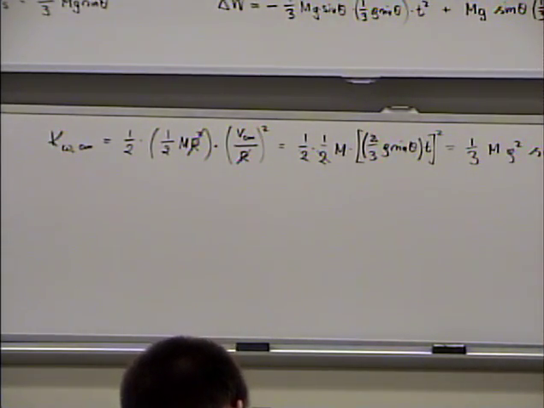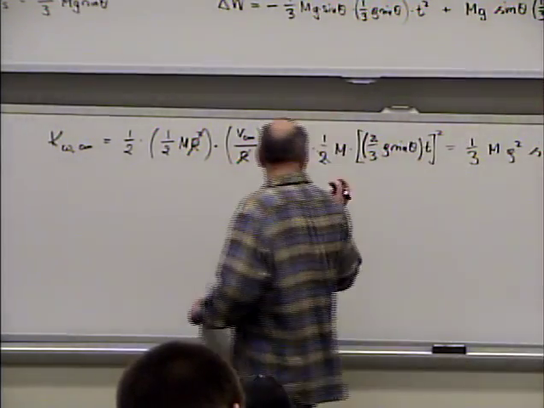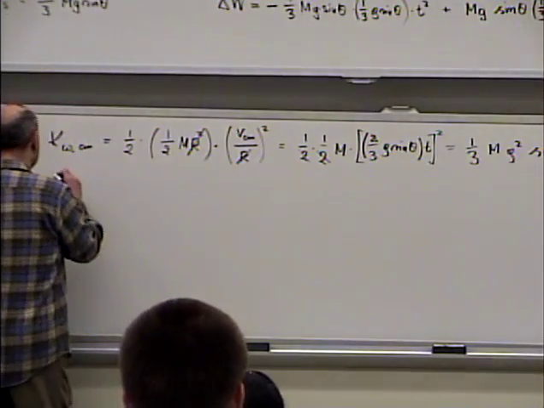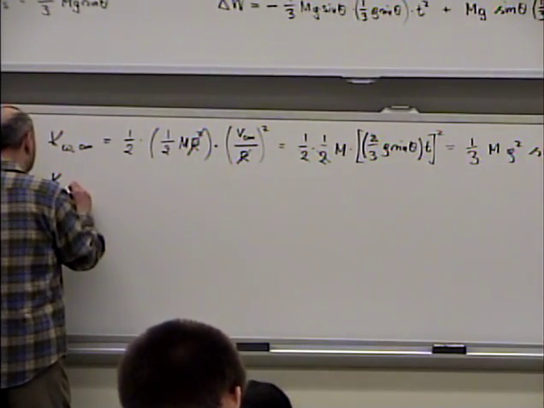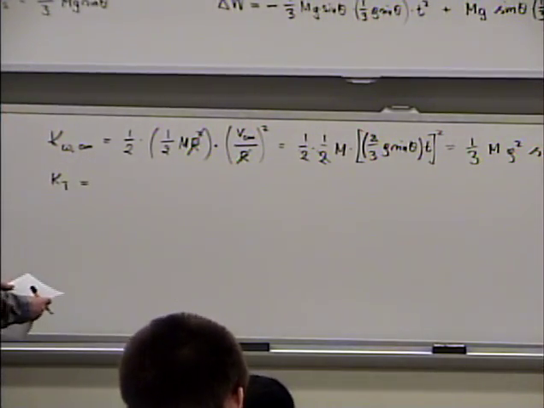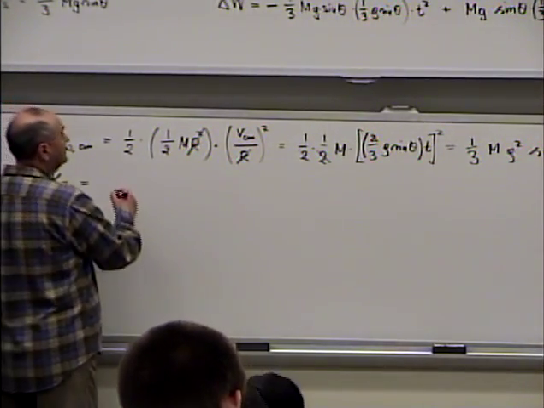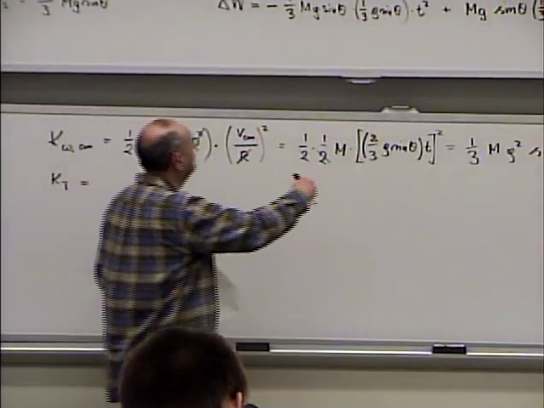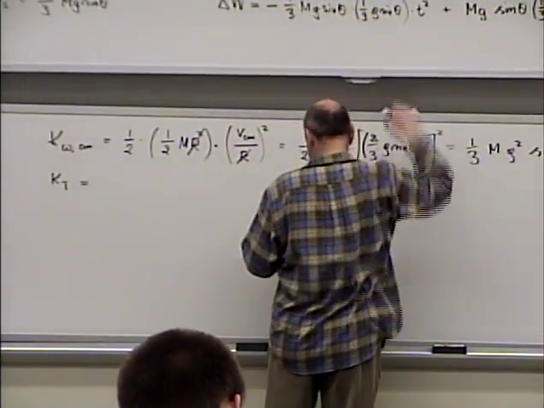All right, so this would be the rotational kinetic energy about the center of mass. Now what will be the translational kinetic energy of this object? Actually, we have already found it. Right, it is this one.